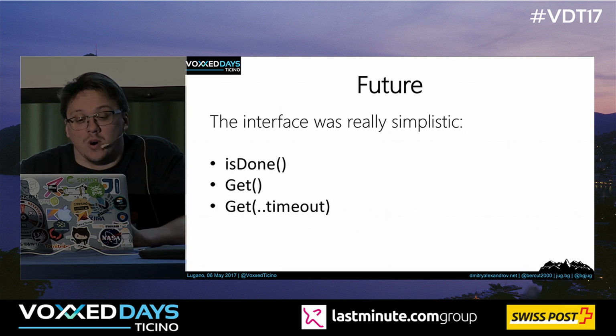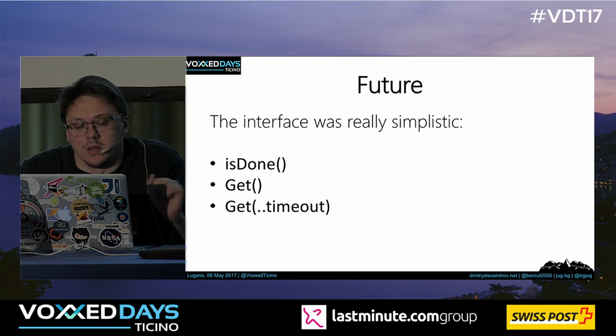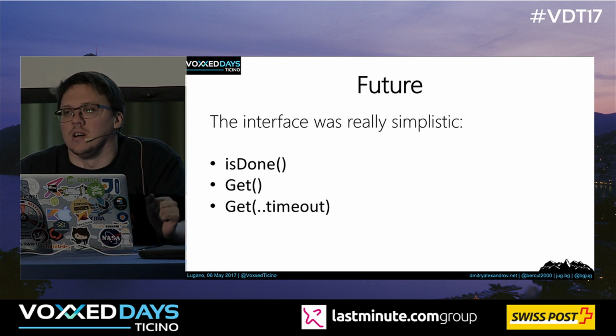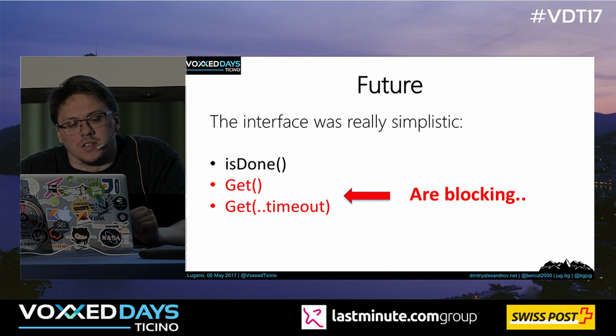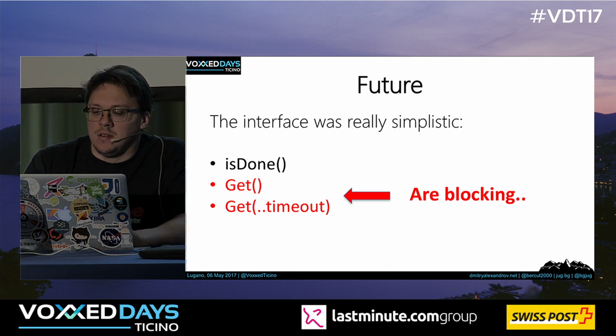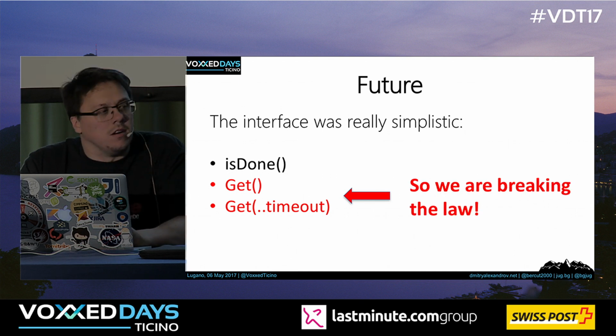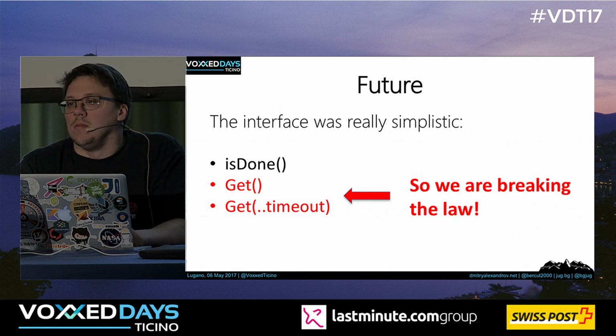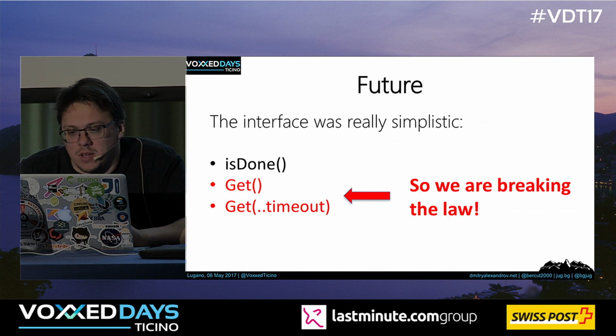But there is one small thing that we currently don't realize by doing this. These two methods, get and get with timeout, are actually blocking. And here we are breaking the law. We're not allowed to do this, because what's happening?